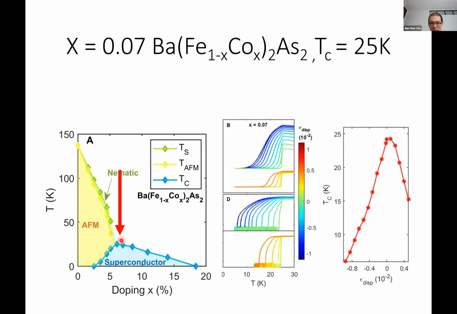Yeah, this is a very good question. And yes, we have some studies, but we don't have any conclusive results yet. One difficulty is that once you apply strain, your resistivity is basically anisotropic.